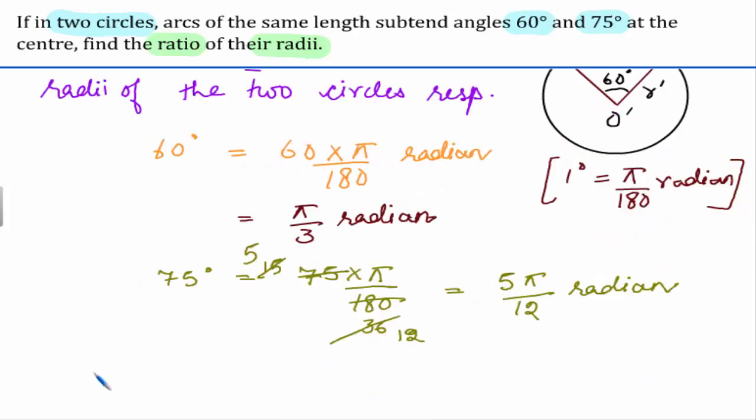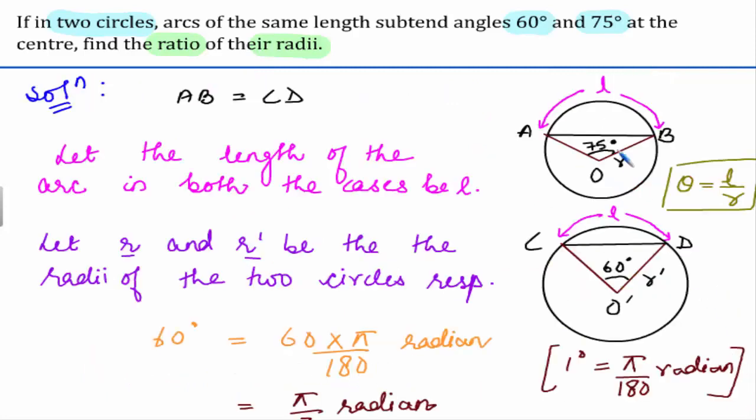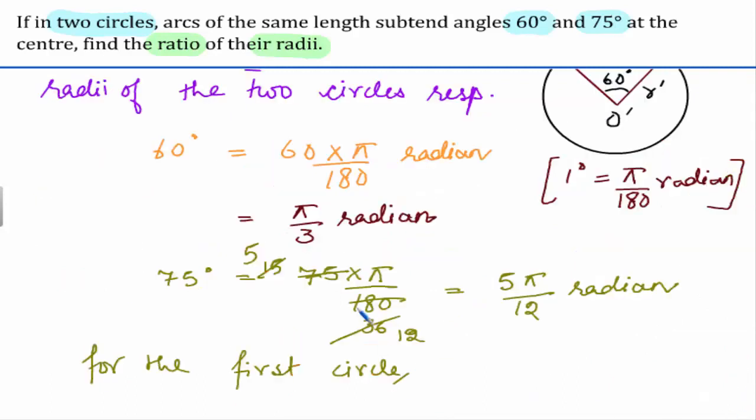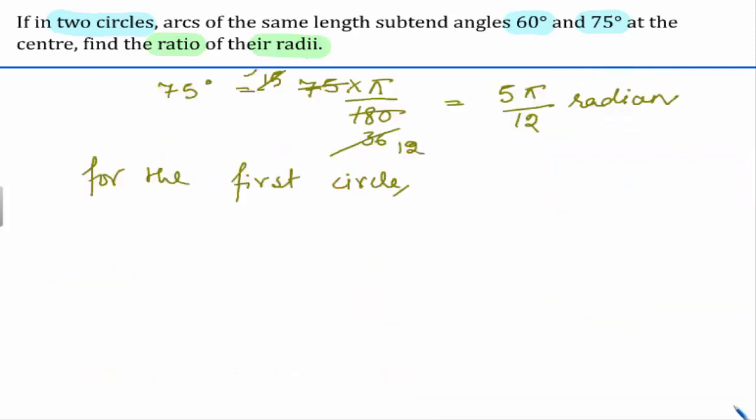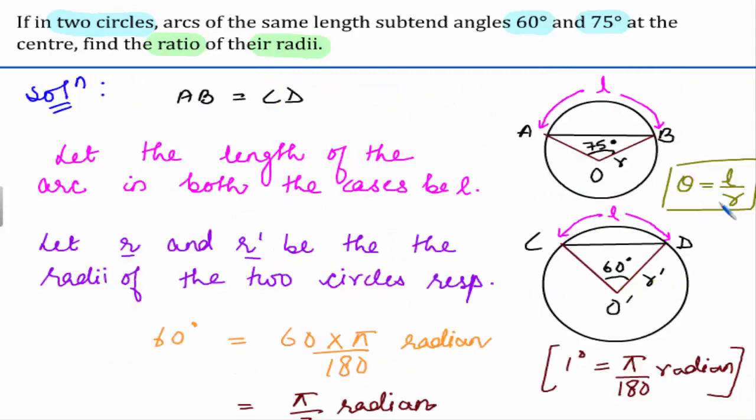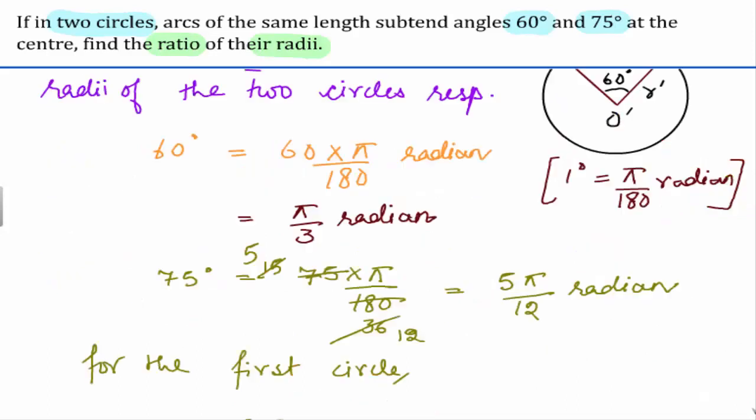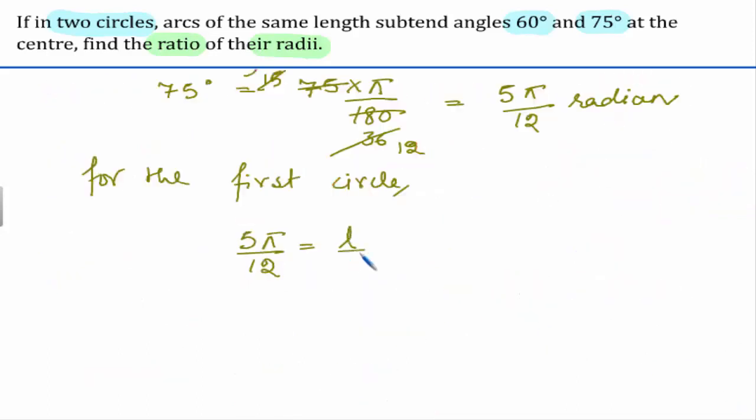Therefore, for the first circle, whose angle subtended is 75 degrees or 5 pi upon 12 radian, we can write 5 pi upon 12, that is theta, is equal to L upon R. Now let us write down for the second circle.